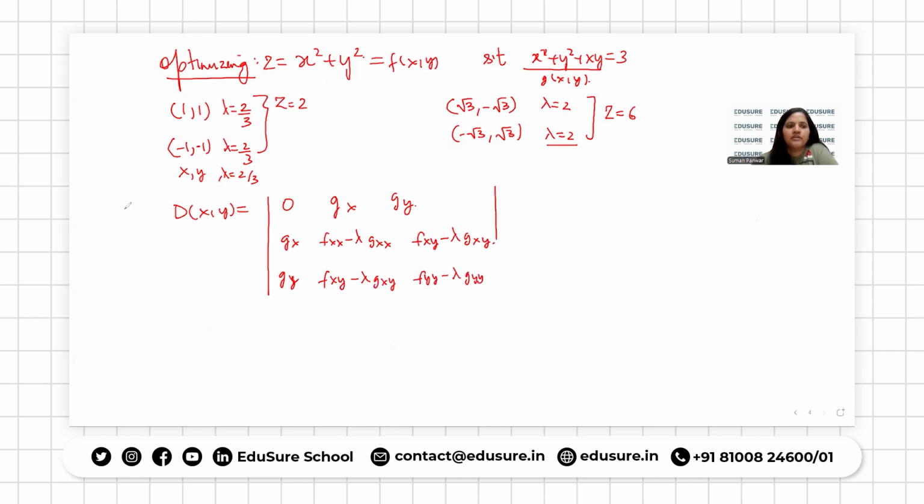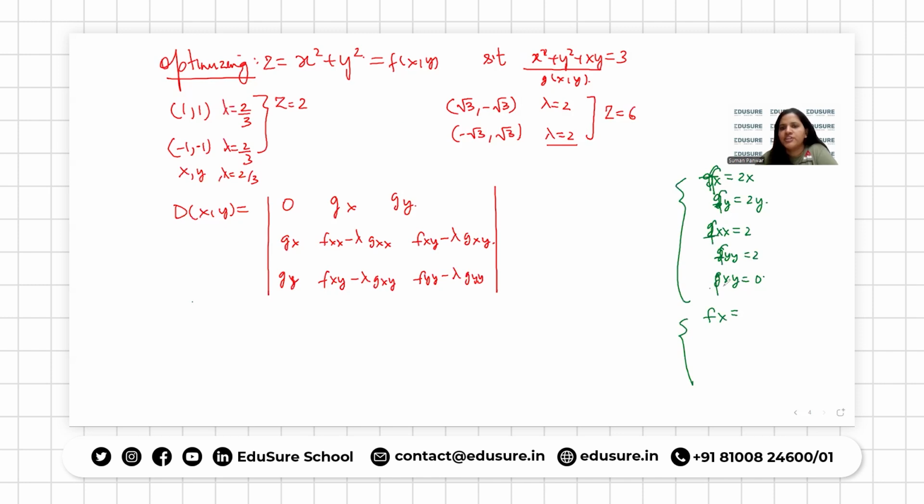So first of all, we should calculate g of x. So g of x is 2x, g of y is 2y, g of xx is 2, g of yy is 2, and g of xy is 0. Also, this is for f, for this function x square plus y square.